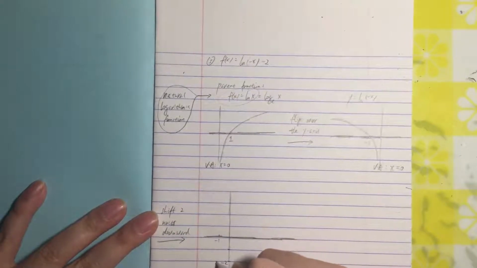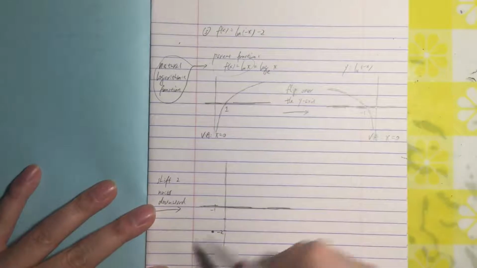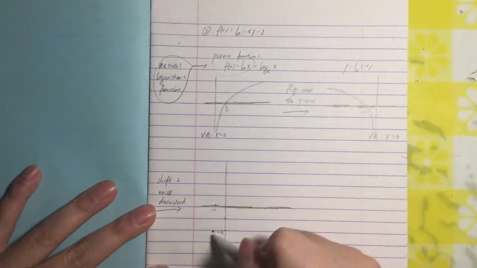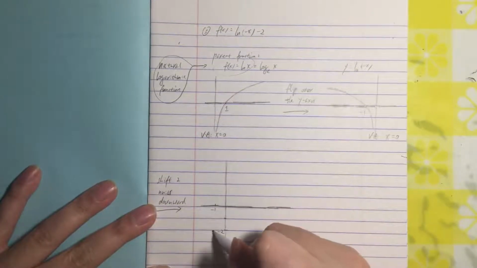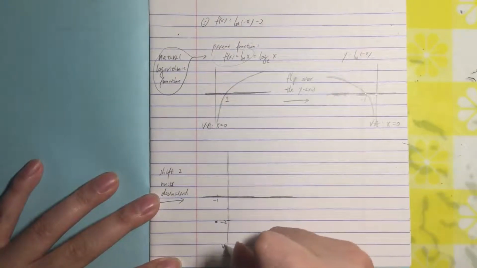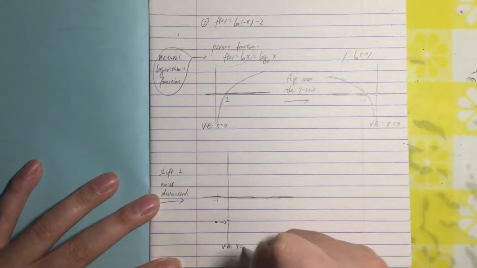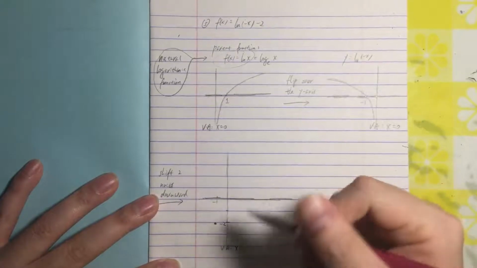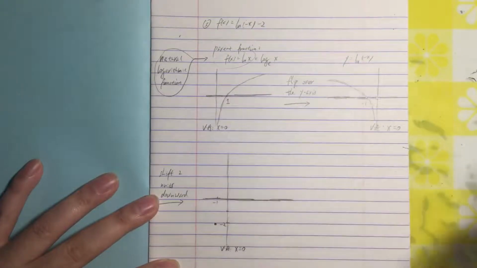The key point is here. Negative 1, negative 2. That's the key point. And the vertical asymptote stays the same. We draw the graph in the same shape.